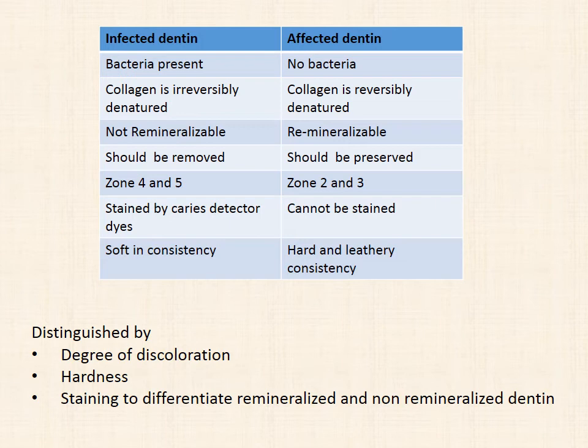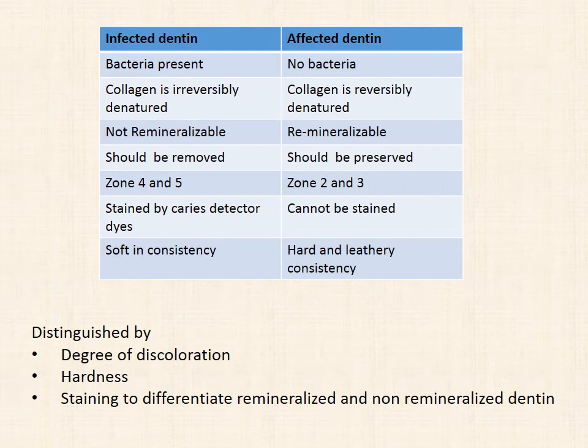Infected dentine is not remineralizable, while affected dentine is remineralizable. That means once we put a restorative material like glass ionomer, it will help in remineralization of the dentine. The infected dentine should be removed while affected dentine should be preserved.